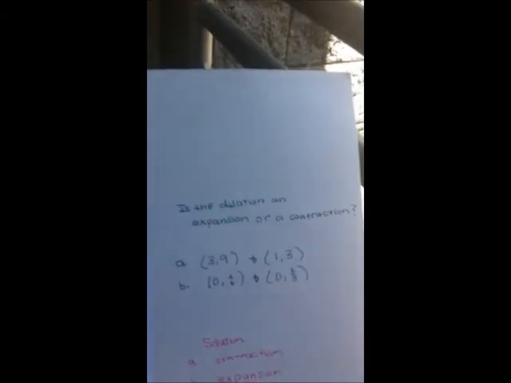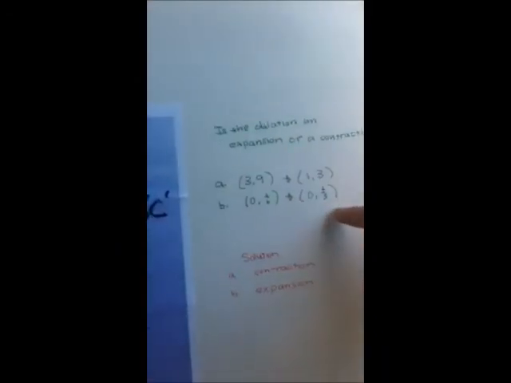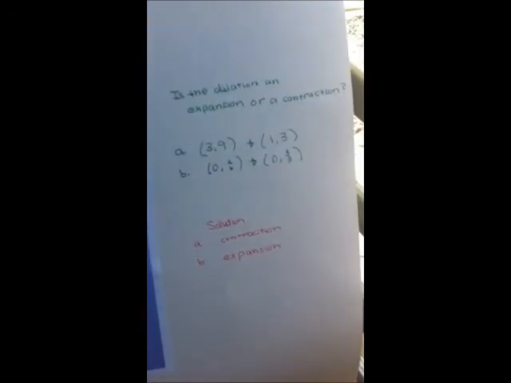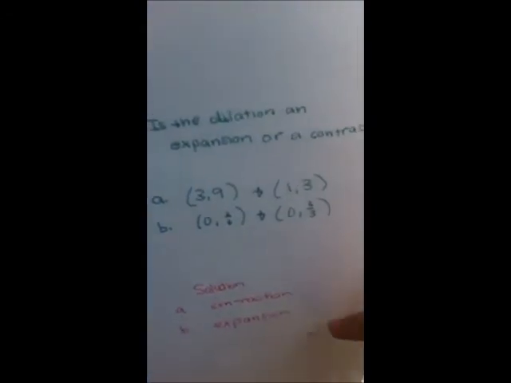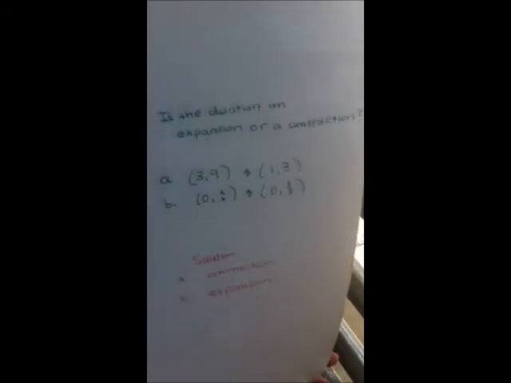B, 0, 1, 6, to 2, 0, 2/3. A is contraction because this vector is getting lower, 1, 3 from 3, 9, so that's contraction. And B is expansion because this vector 0, 1, 6 is getting bigger by 0 and 2/3.